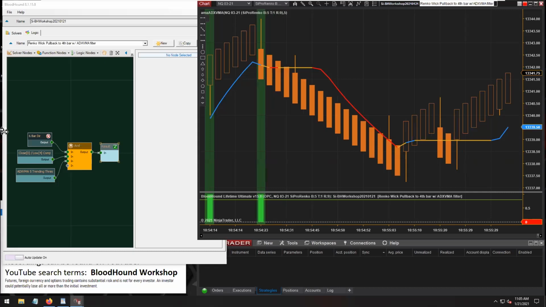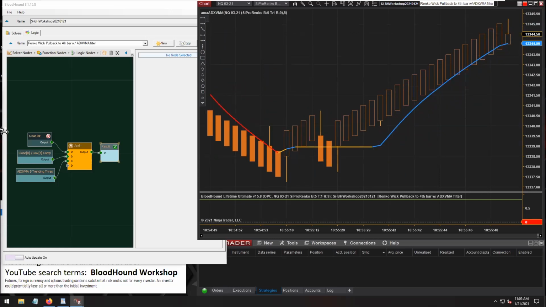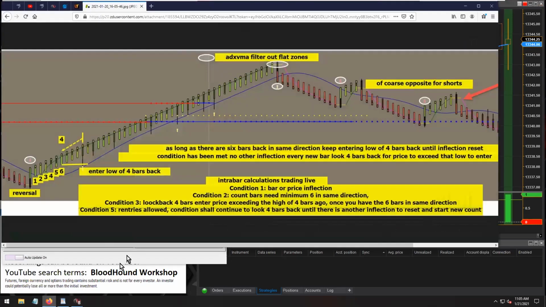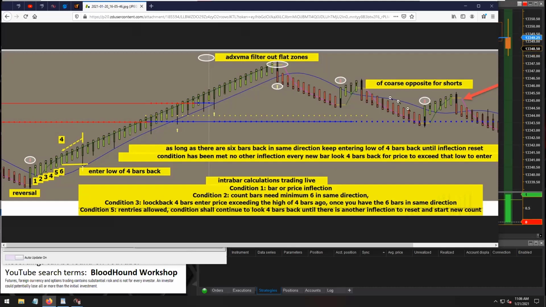Randall's just reiterating condition number 5 here, that the system is to keep generating signals until the Renko bars reverse direction, and then they get reset, and we have to do this bar counting again before we get the first signal.